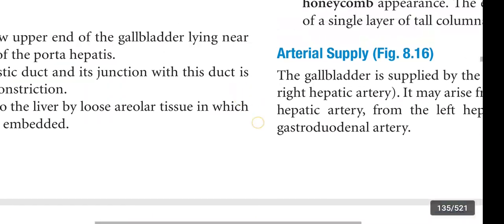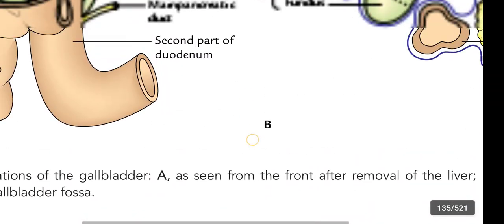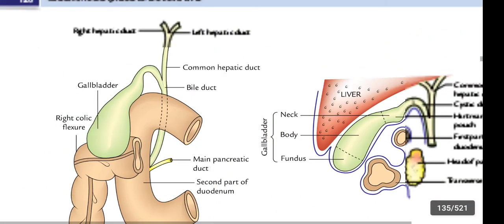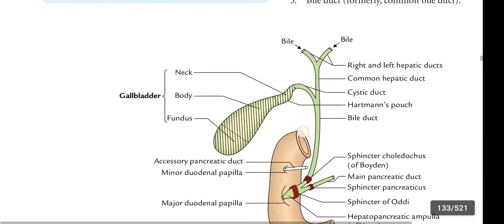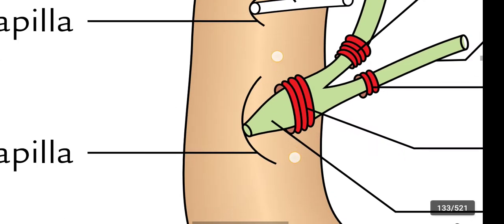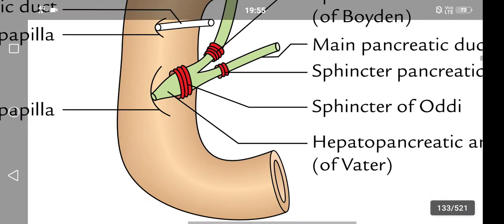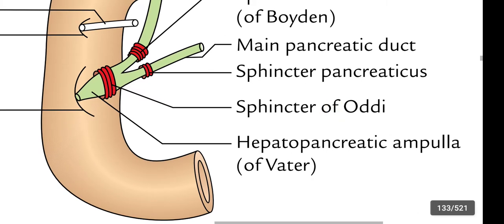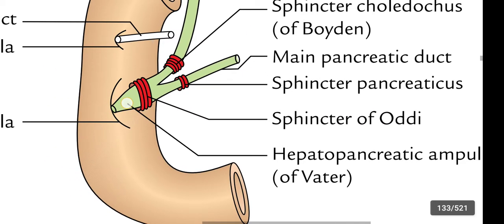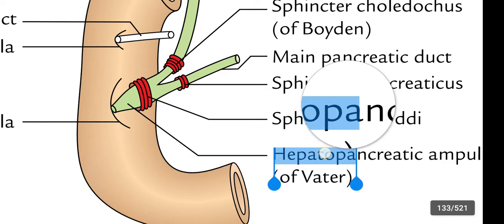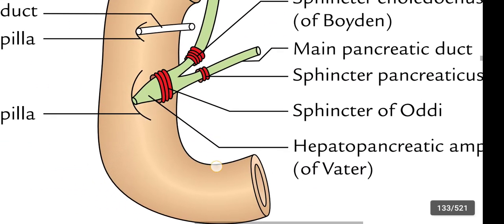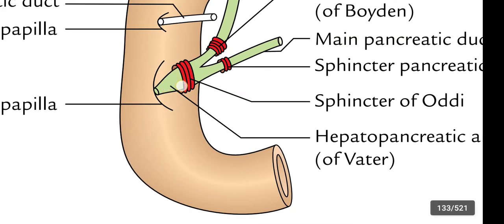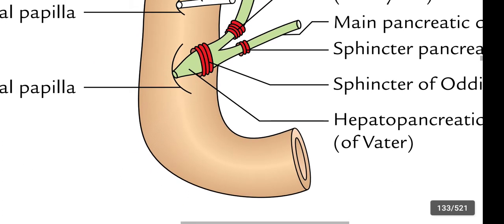I will show you that constricted part also. This is the hepatopancreatic ampulla of Vater. This is the bulged part, guys, you may see here, and this is the constricted part.